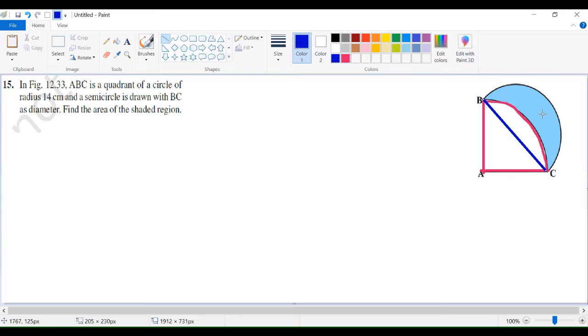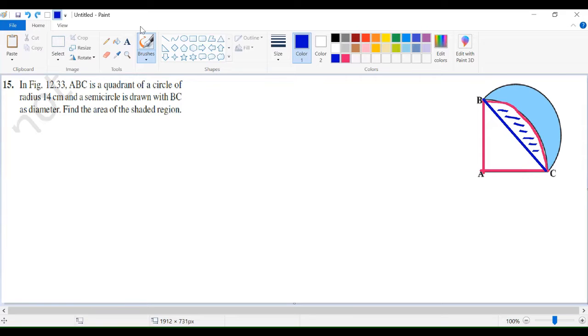Area of the shaded portion means it is area of the semicircle minus area of this segment. Is it? And how we can find the area of the segment? Area of the segment will be area of this quadrant minus area of this triangle.